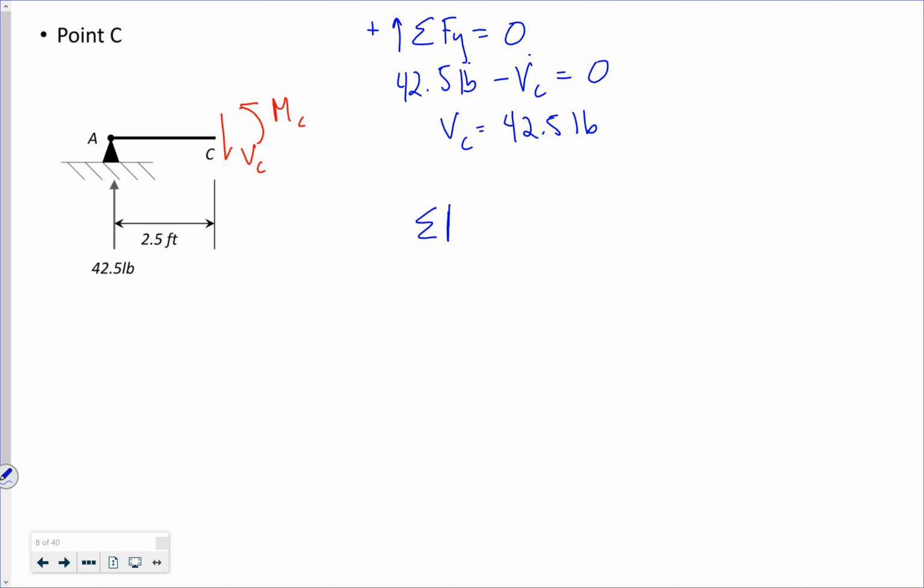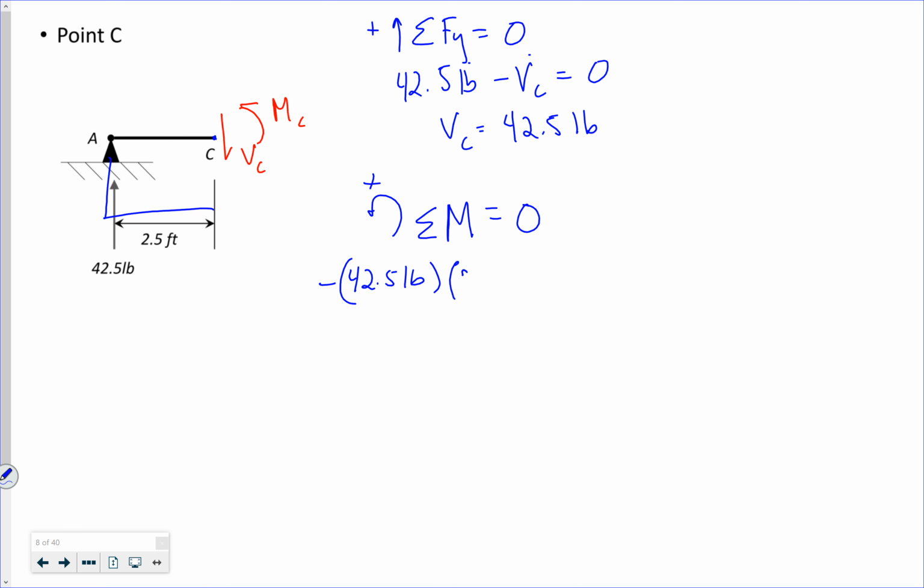I'm going to do the same for summing of the moments. I'm going to take the moments about the point at C. Like I said, I'm going to use positive as counterclockwise. So I have my 42.5 pounds. It's going to cause a negative moment because that's clockwise.